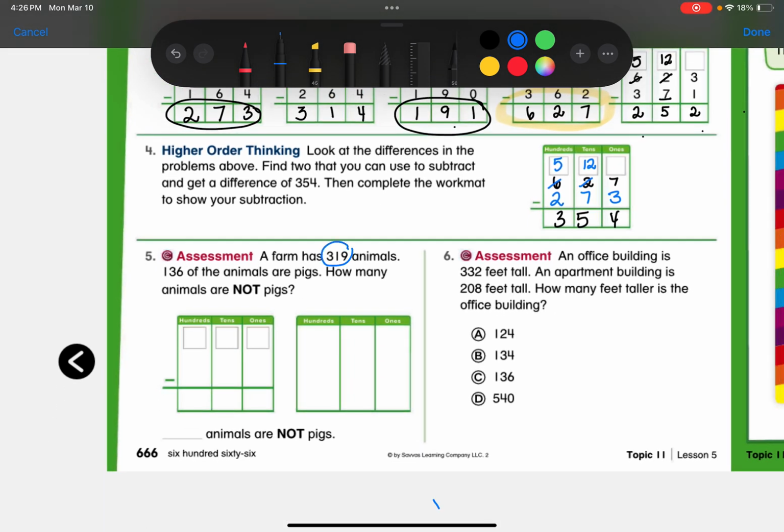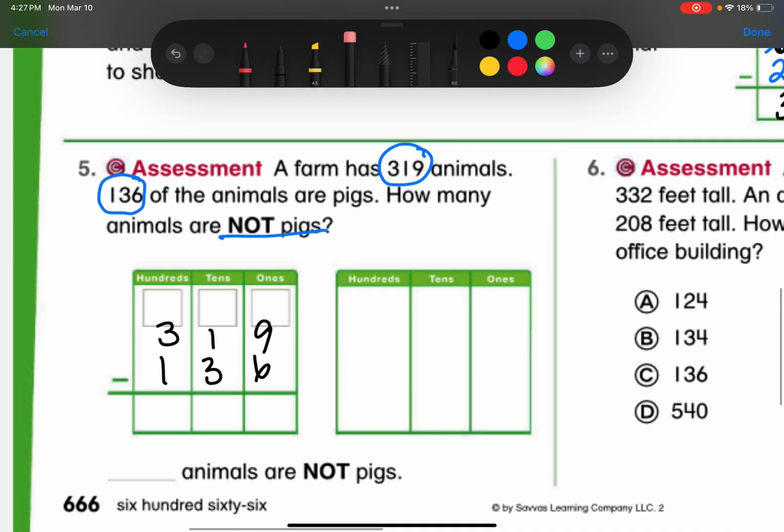A farm has 319 animals. 136 animals are pigs. How many are not pigs? So my equation will be 319 minus 136. It gave us a work mat, so I am going to use that work mat and start by creating 319.